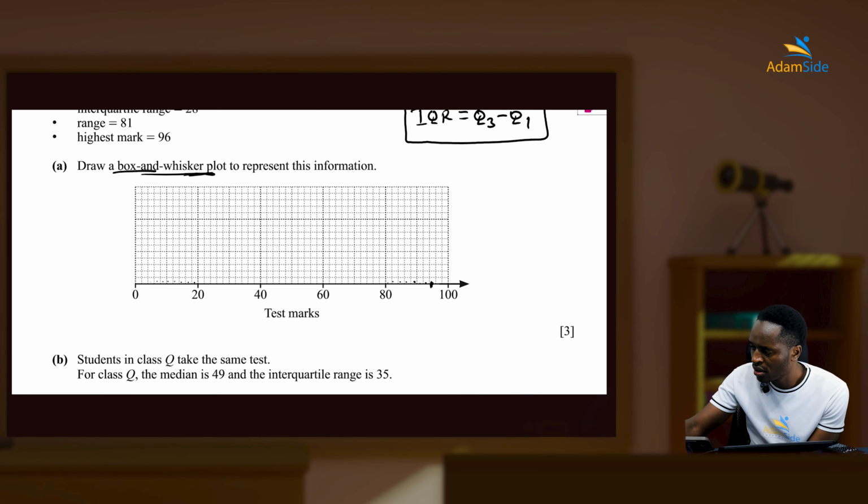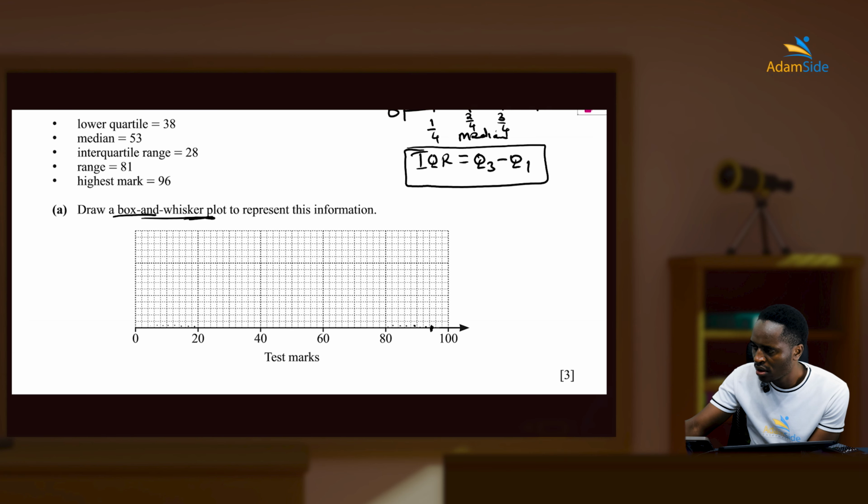Then the median is at 53. The lower quartile is at 38.